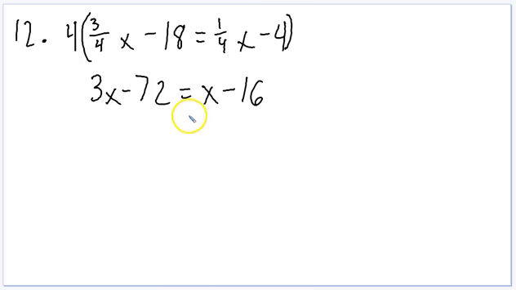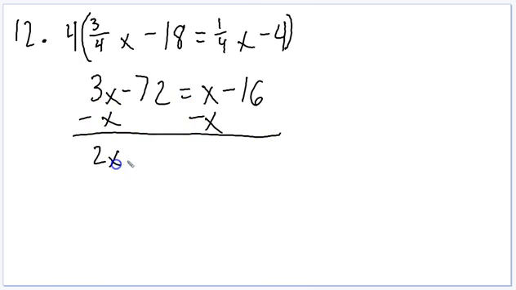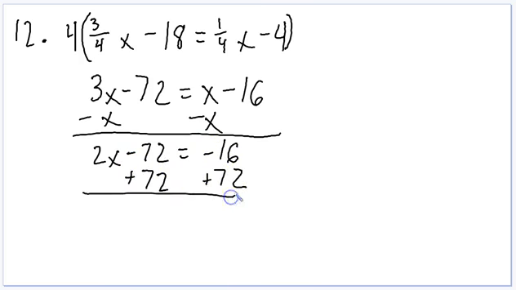I'm going to subtract this x over here to keep them positive. I'm going to get a 2x right here, minus 72 equals negative 16. I'm going to add this 72, and then I'm going to end up with 56 equals 2x.